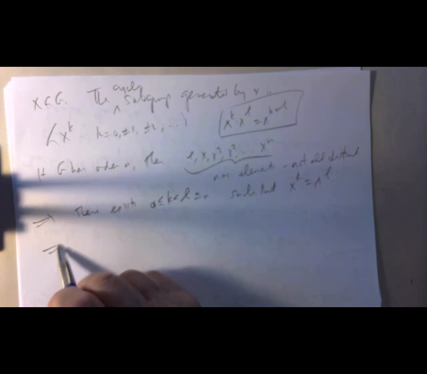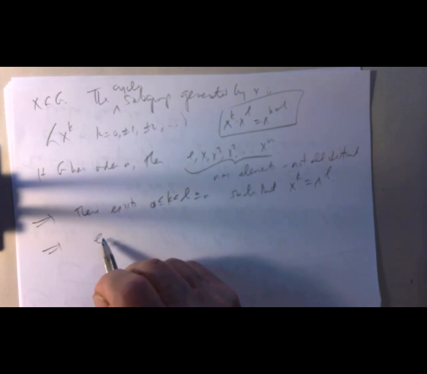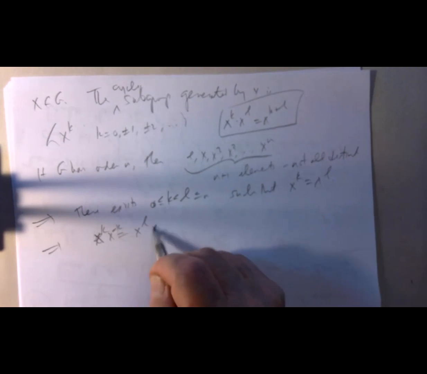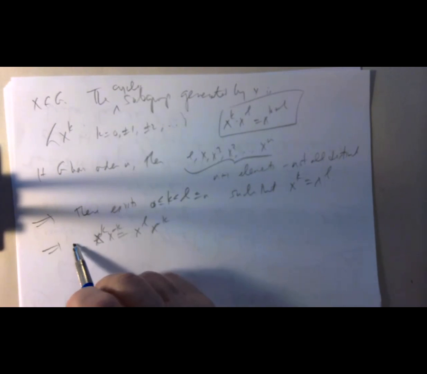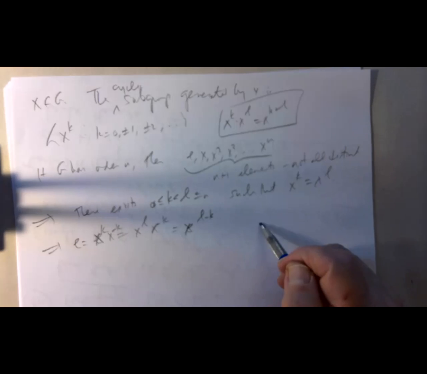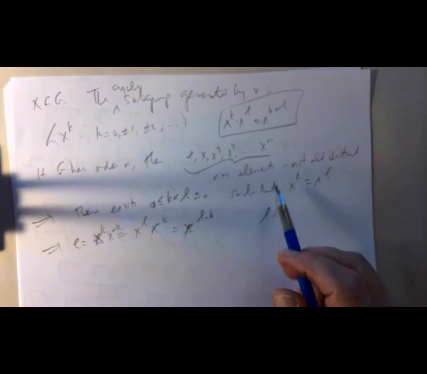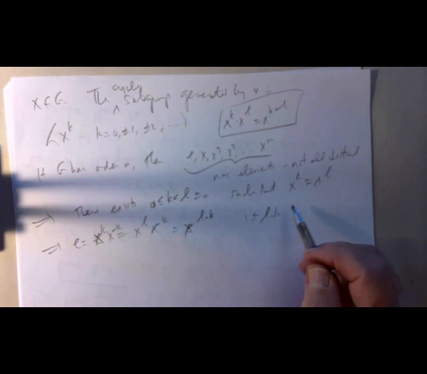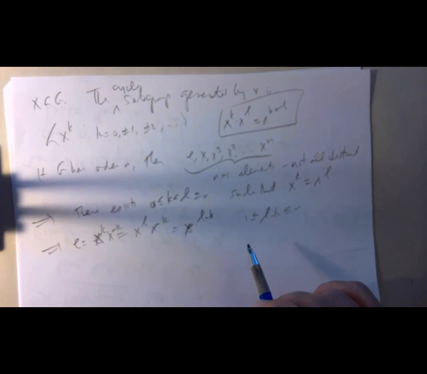Which means if you multiply x to the k equals x to the l by x to the minus k, here you have x to the 0, which is the identity. And here you have x to the l minus k. And l minus k is some positive integer between 0 and n.